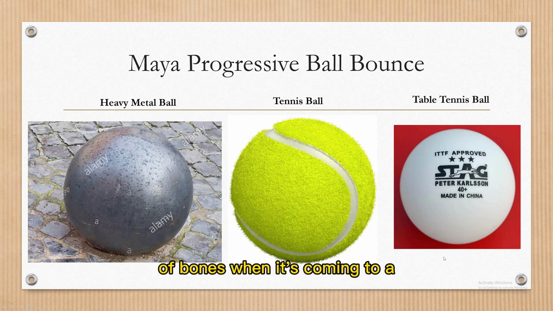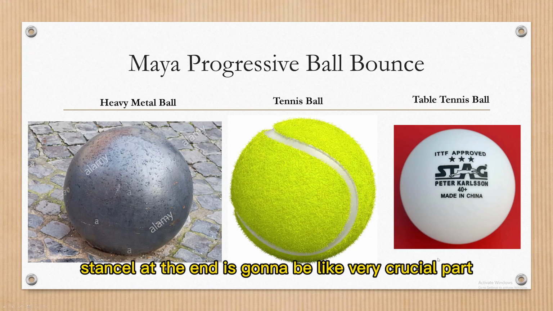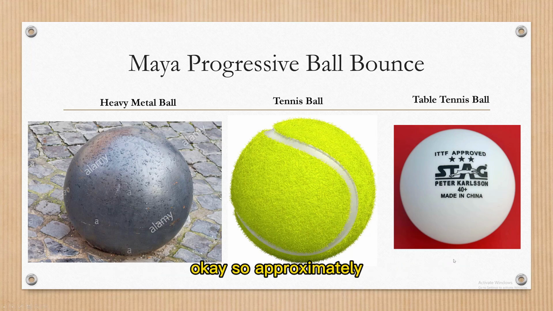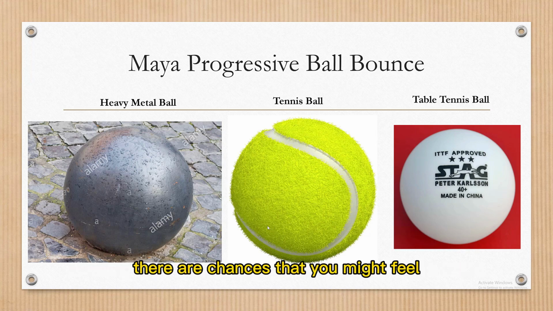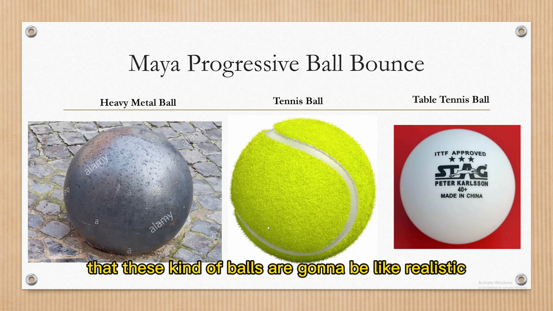Calculating the number of bounces when it's coming to a standstill at the end is a very crucial part. Approximately, a ping pong ball might have around 20 bounces. Only if you have this amount of bounces are there chances that you might feel these kinds of balls are realistic.